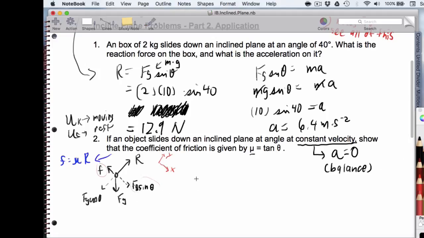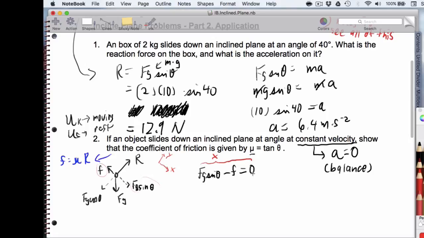I have one arrow pointing to the right here, one arrow pointing to the left there. So in the x direction, I have Fg sine theta minus friction, and they balance. I want to be really clear: this is what the IB tests on. You have to be able to reproduce this diagram, and if they change the picture, you need to be able to add in the extra forces and creatively come up with that on your own.